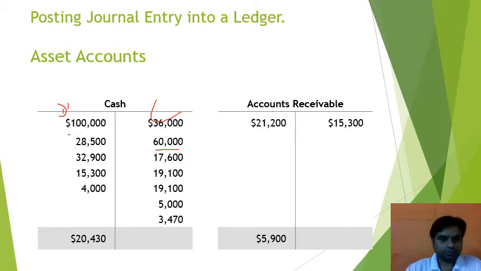Next is 17,600, again credited, because on Jan 4 we purchased office supplies of 17,600.